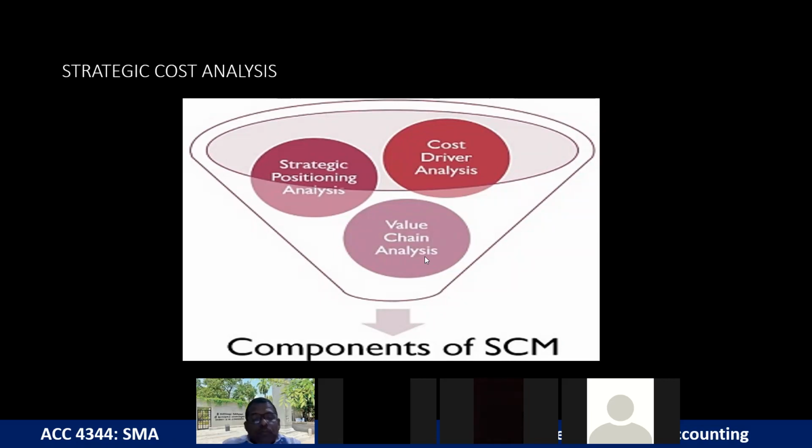Value chain means the process: input, process, output. When you go to a garment factory, there is a value chain. If you focus on the organization itself, there is a value chain.